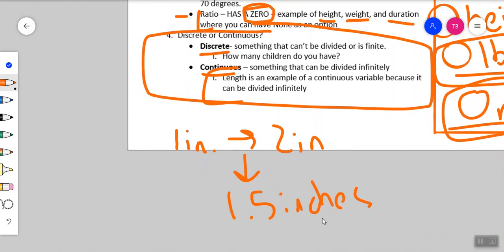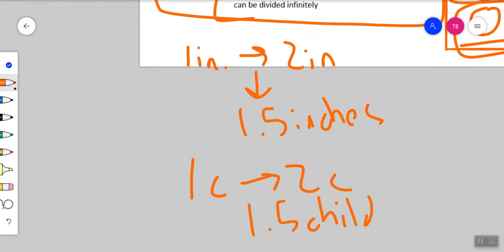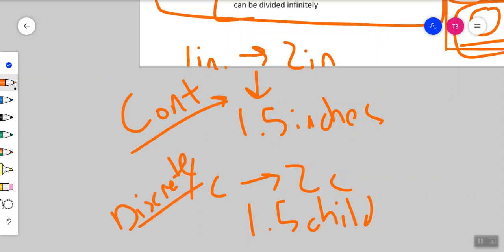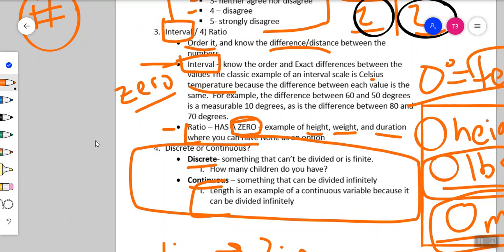Whereas with the children example, you have one child or two children, but it doesn't make sense to say 1.5 children. So continuous is the one that you could divide up. It continues on forever. Versus discrete means you can't break it down, you can't divide it. Continuous versus discrete. That'll be the basic idea.